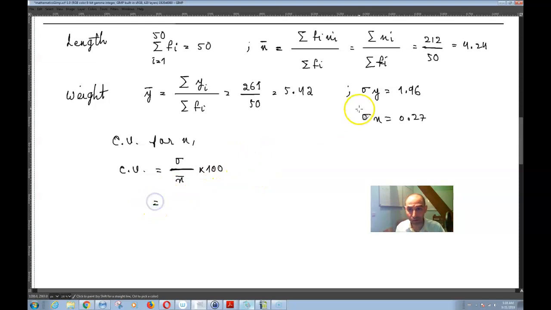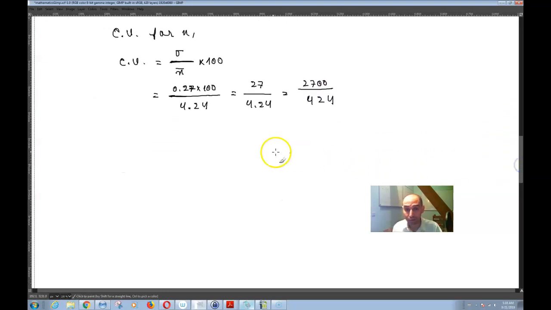So that's equal to sigma of x, 0.27 times 100 divided by x bar. X bar is equal to 4.24. That's the same thing as 27 divided by 4.24, which is the same thing as 2700 divided by 424.